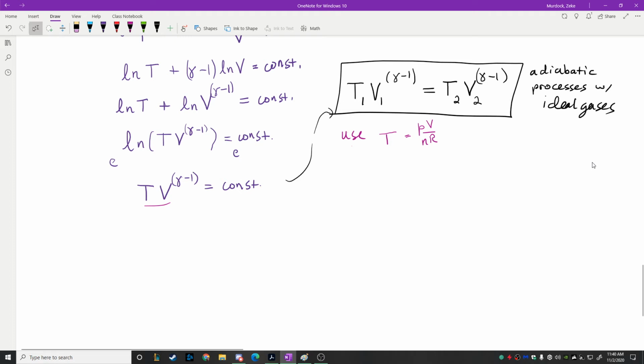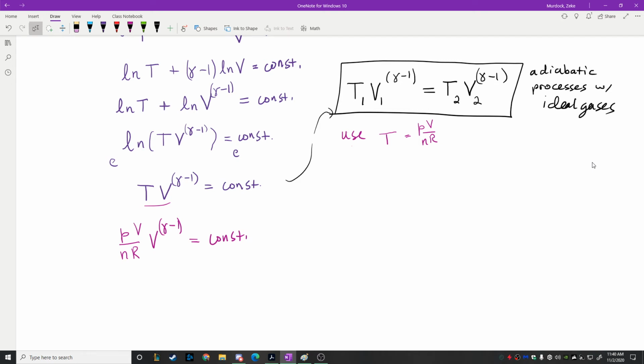Yeah. So now what we'll have is pressure times volume divided by number of moles times R, and that's multiplied by V to the gamma minus 1, still equal to a constant.